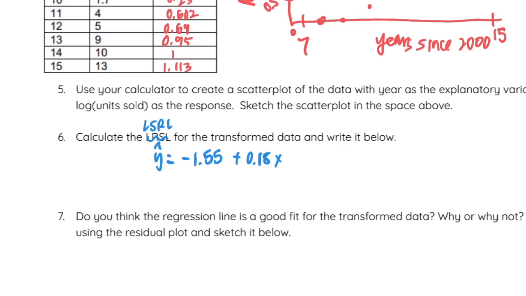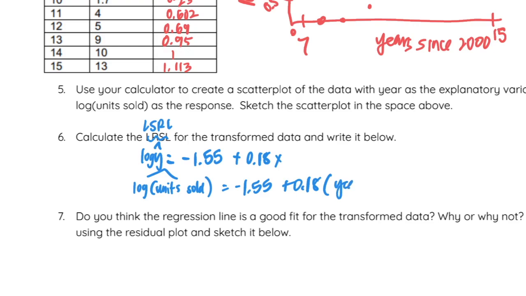But remember, we are predicting this. So I'm going to put the y hat, and then I'm going to write that this is log of y, log of units sold, hat, is equal to negative 1.55 plus 0.18x. Oh, whoops, hold on. Not x, but years since 2000.